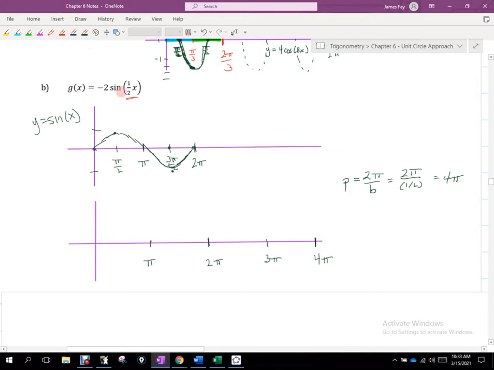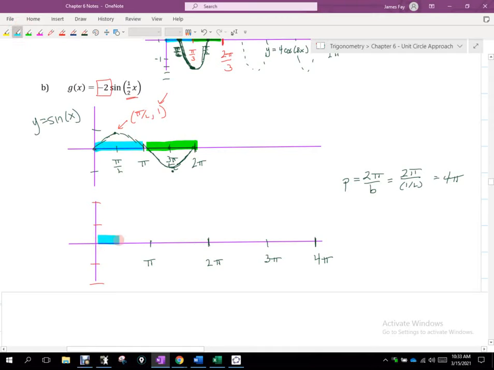Now the negative 2. What's the negative 2? On my parent function, I have this point pi over 2, comma 1. What's that negative 2 going to do to that 1? It's going to make it negative 2. On the parent function, that happened halfway in between that first interval, which was 0 to pi.